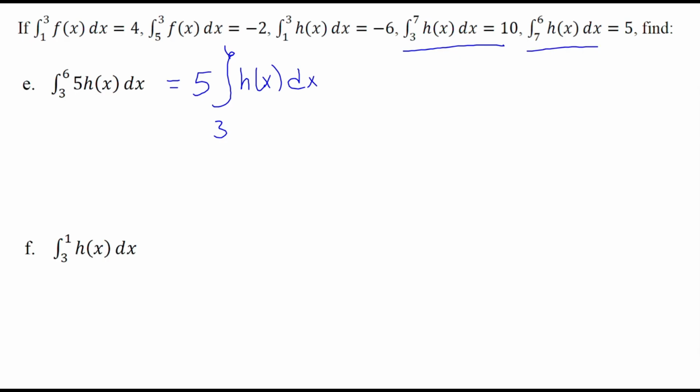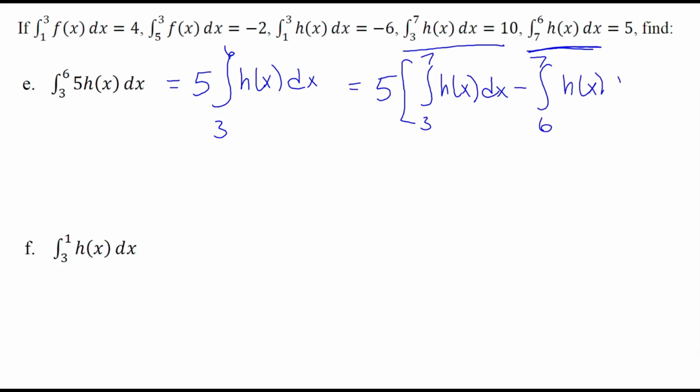Well, I almost have the piece from 6 to 7 because I have the opposite of it. I have the integral from 7 to 6. So first, let's write this as 5 times the integral from 3 to 7 of h minus the integral from 6 to 7 of h, which we don't have. But we do have the first piece of it. So now we have 5 times the integral from 3 to 7 of h is 10.